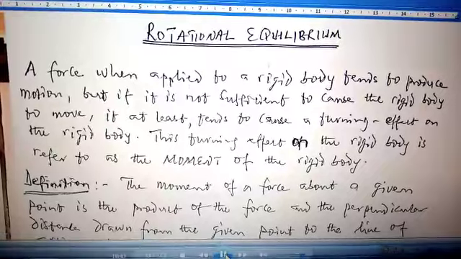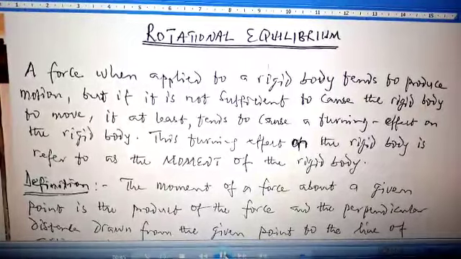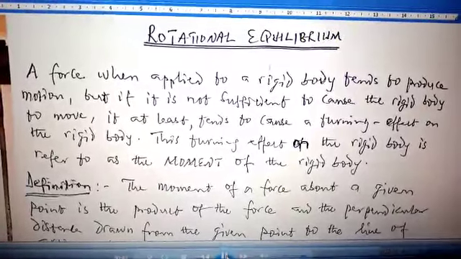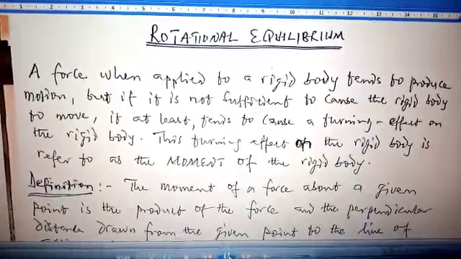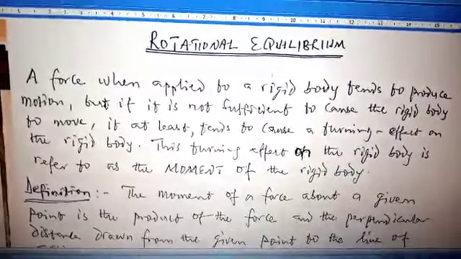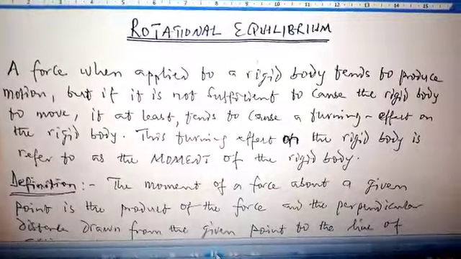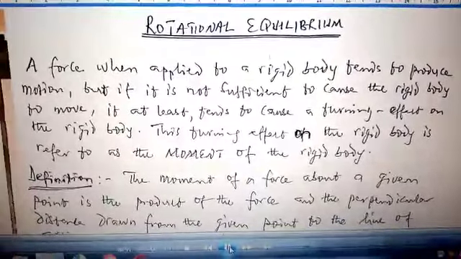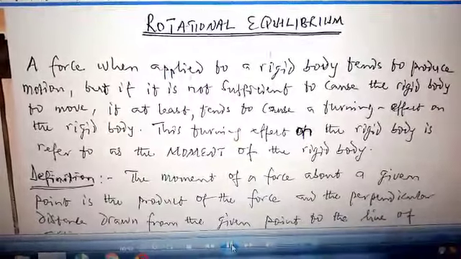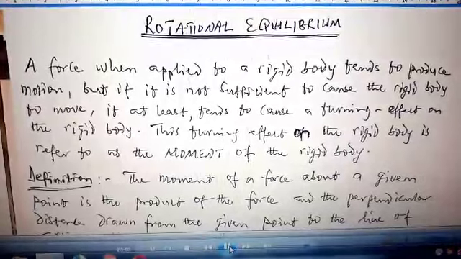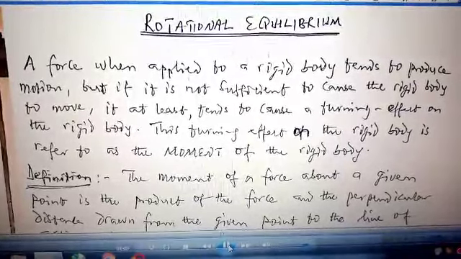Number two, the sum of the vertical components of the forces must also be equal to 0. And number three, the resultant force must be equal to 0. When these conditions are satisfied, then you can say that a body or a system is in translational equilibrium.